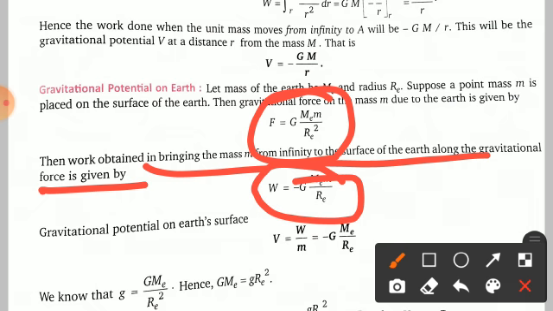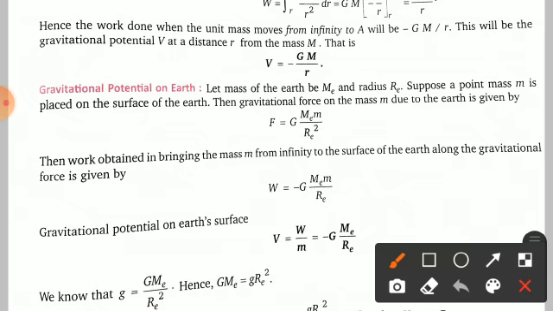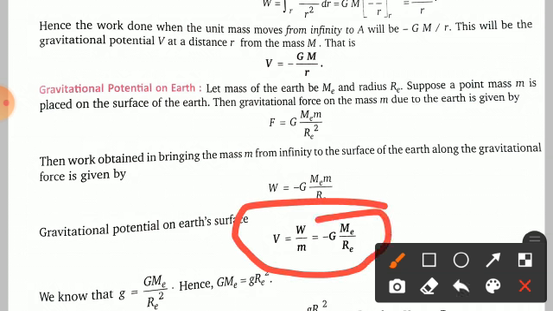Gravitational potential on the earth's surface, V equals W by m, so V equals minus G Me by Re. I hope it is clear.